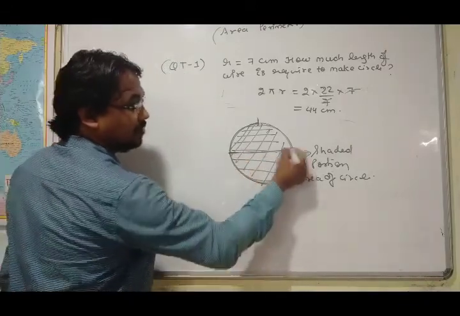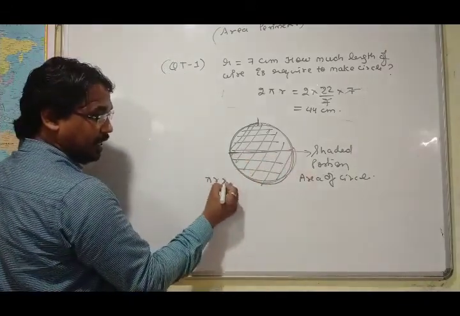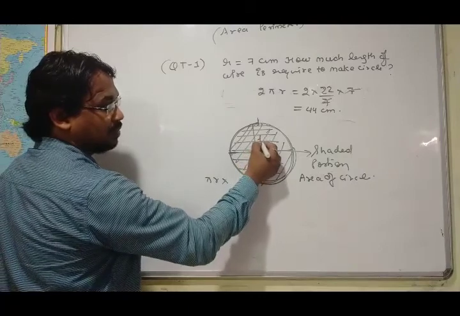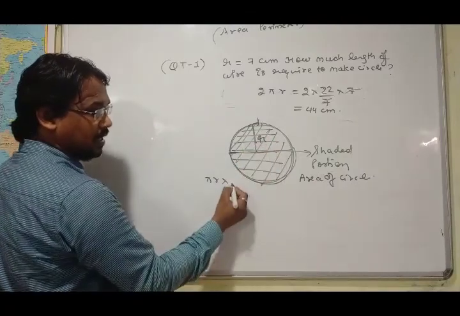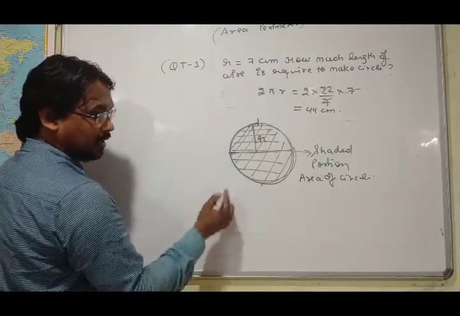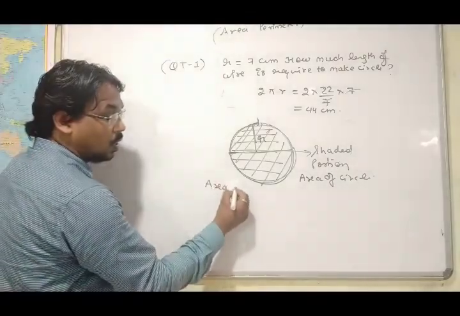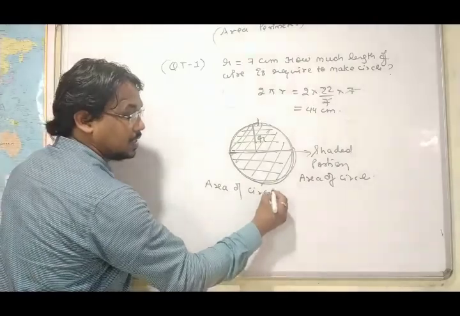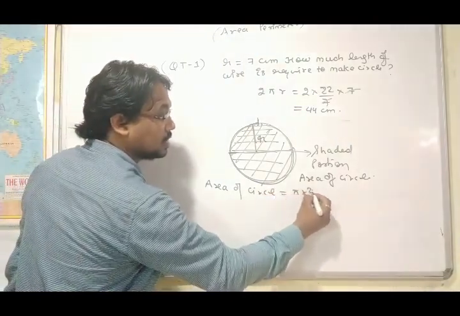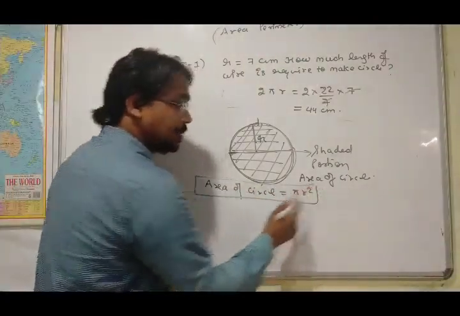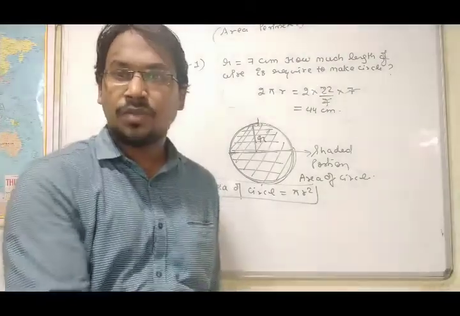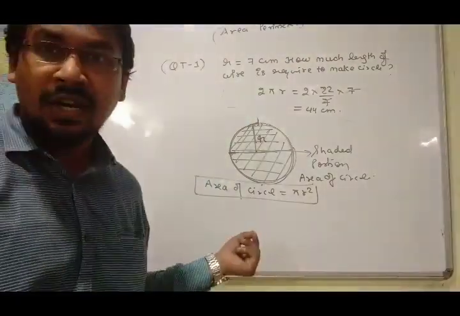So semi circumference is pi r, and into this, let's suppose, radius, this is length. So pi r square. So I am noting it down, area of circle equals pi r square. So please students, please learn this formula.